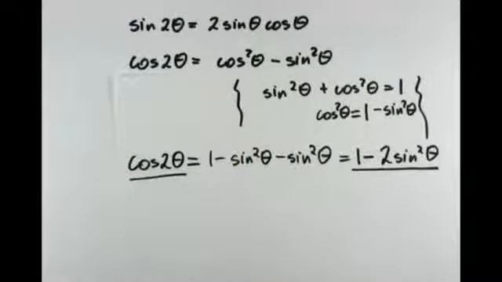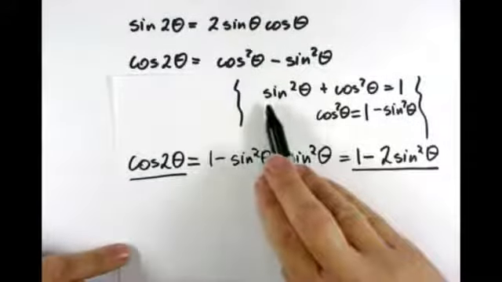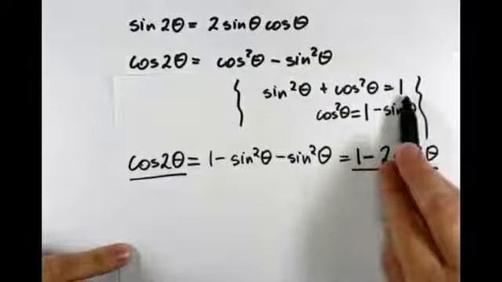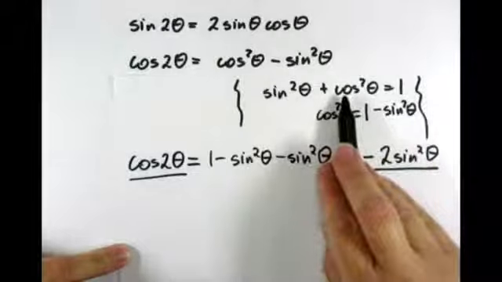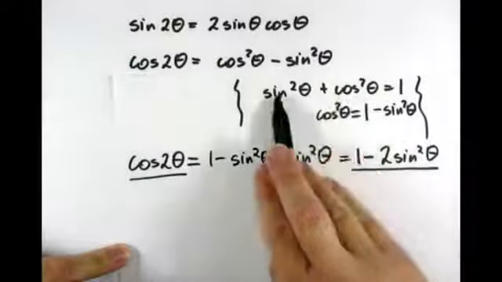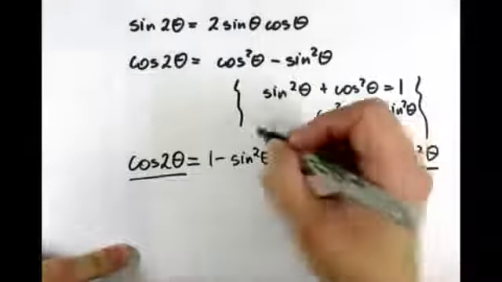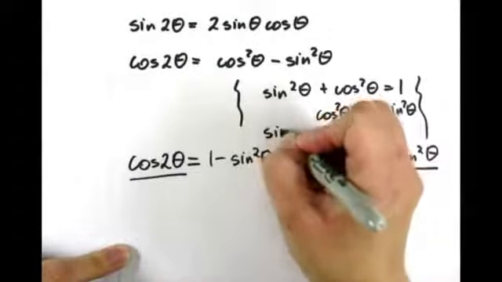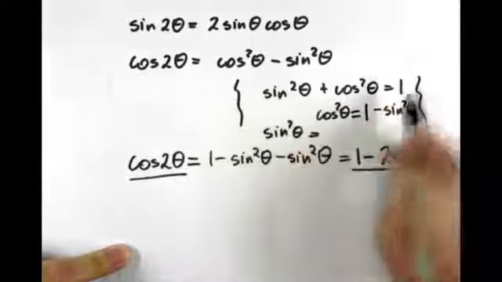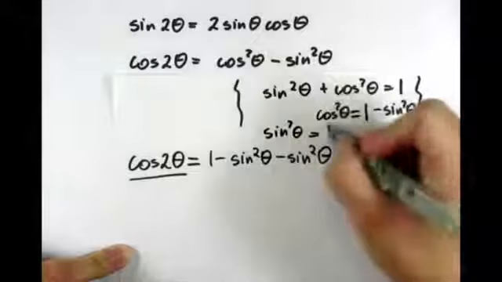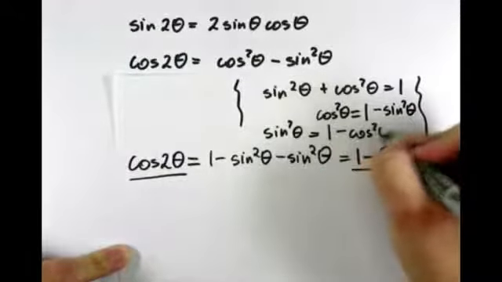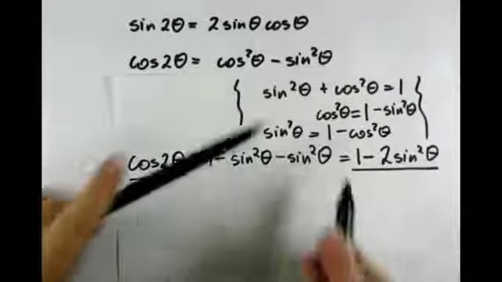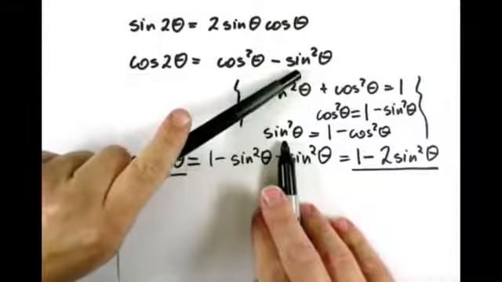And similarly, we can use the same trigonometric identity and solve it this time for sine squared. If I solve for sine squared from this one, I'm getting that sine squared theta would be equal to 1, and bring this over, 1 minus cos squared theta. And this time I would substitute for sine squared.